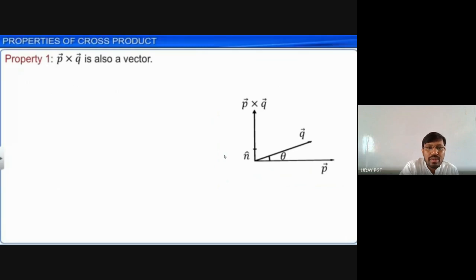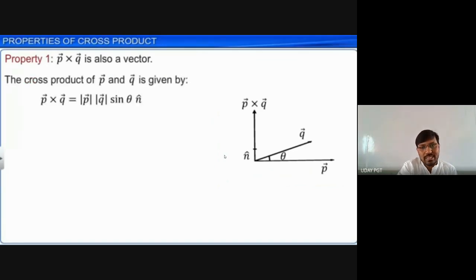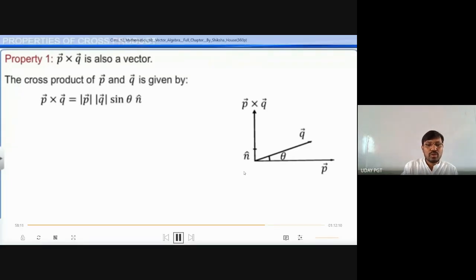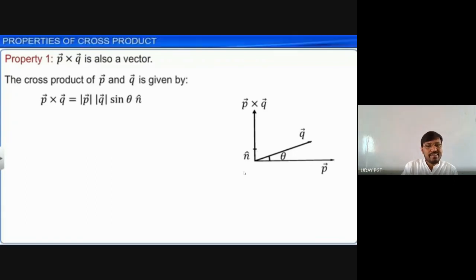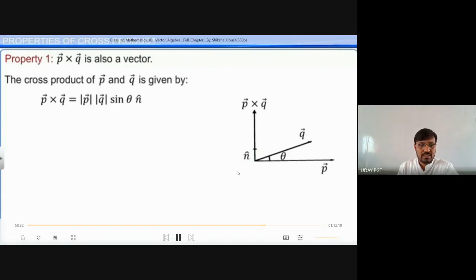So the main property to consider: the cross product of the two vectors is also a vector, and it is defined as magnitude of the first vector into magnitude of the second vector, into sine of the angle between these two, into the unit vector which is perpendicular to the two given vectors.